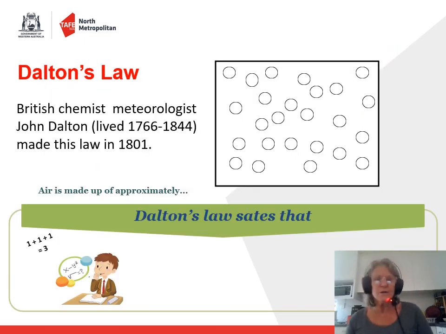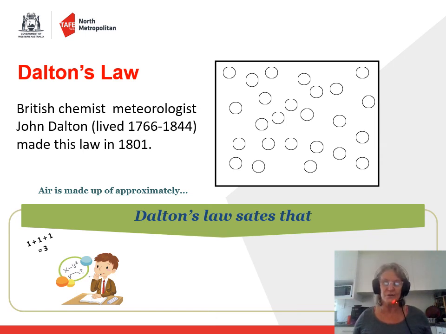Now, Dalton's law is the law of partial pressure, and we use it when we're trying to find out whether somebody's blood is unbalanced. Is it the actual pH of the blood or the gases inside the blood that are causing their illness? What Dalton found out was that gases move along their own pressure gradient.